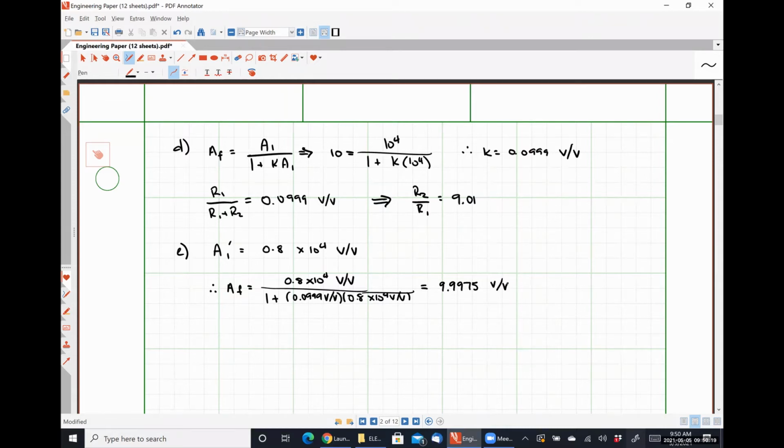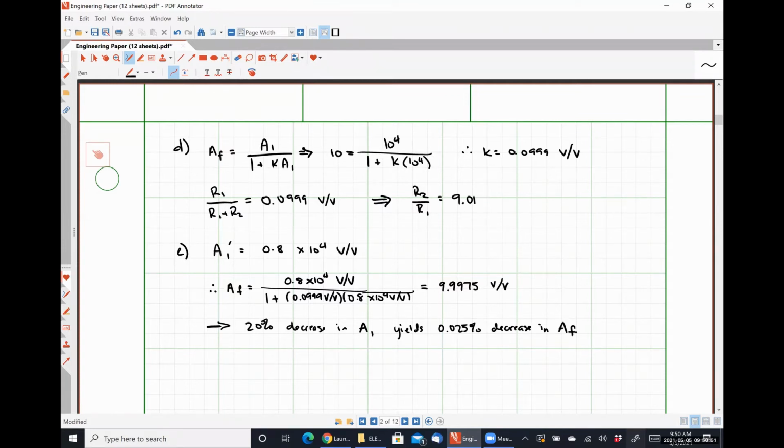volts per volt. So from this, we saw that a 20% decrease in A1 yields only a 0.025% decrease in our closed loop gain.